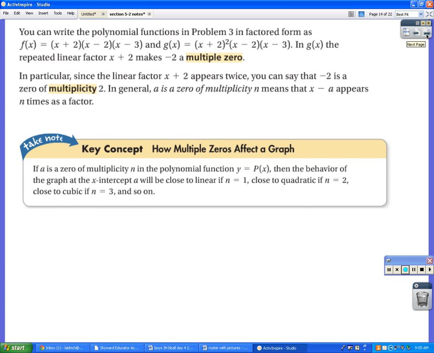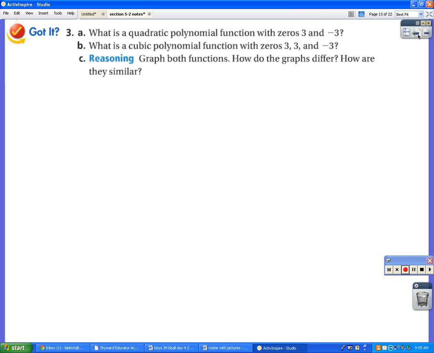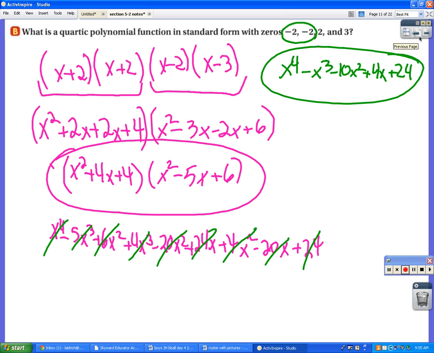If you have a thing that comes up twice, what that's called is a multiple zero, okay? And they use this fancy word right here, multiplicity, to describe those. So this right here, we would say has multiplicity 2, because it came up twice.